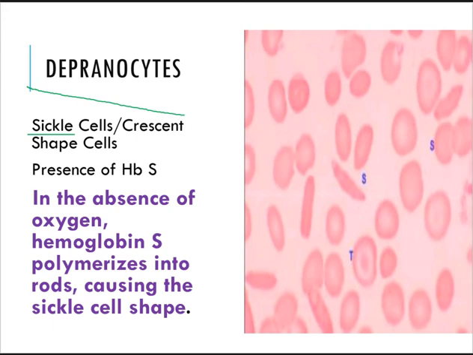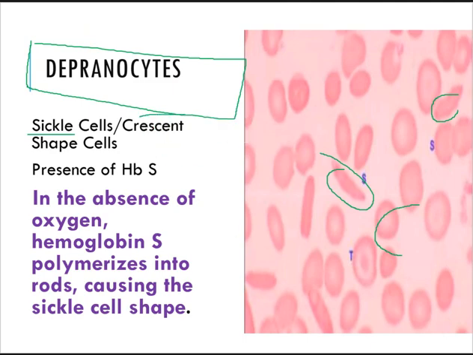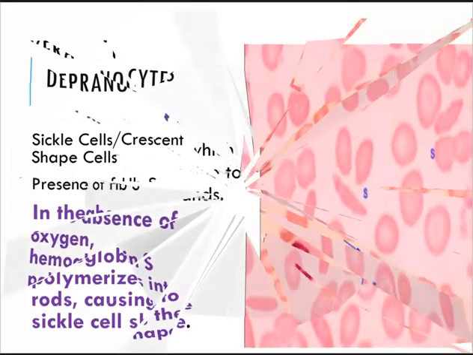In the absence of oxygen, hemoglobin S polymerizes into rods, causing the shape to sickle. So basically, guys, drepanocytes have abnormal hemoglobin content. That's all you have to know. Okay.